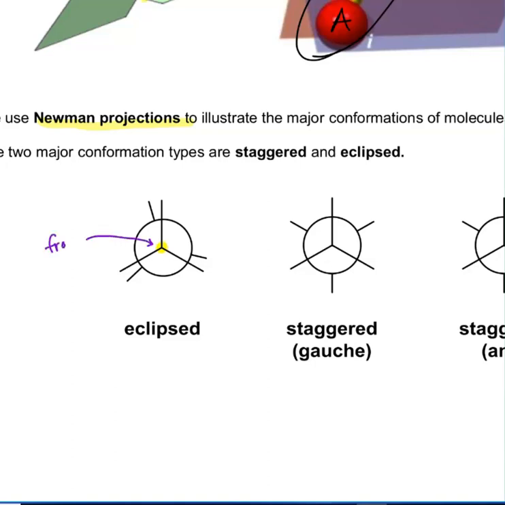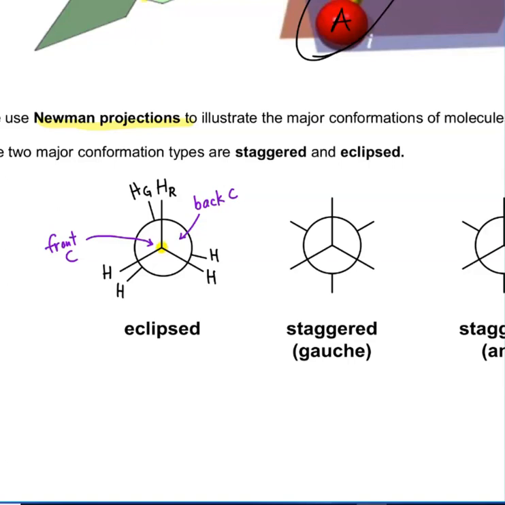So this is our front carbon, and you can see 3 bonds coming off of it. The circle is the back carbon, and you can see it also has 3 bonds coming off of it. What we just saw was that this H up at the top was the red one, and directly behind it was the green hydrogen. And then let's go ahead and label the rest of these hydrogens with H's.